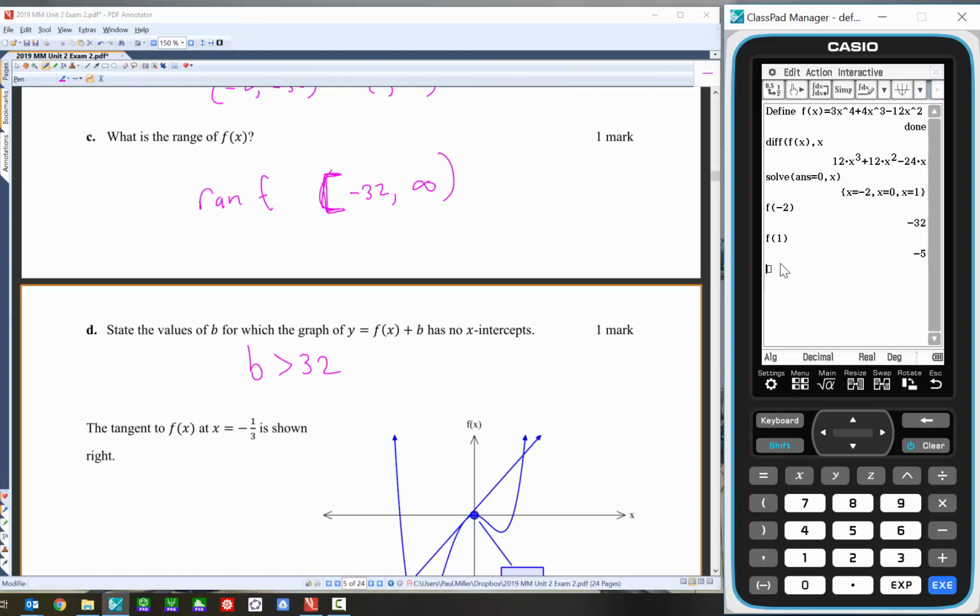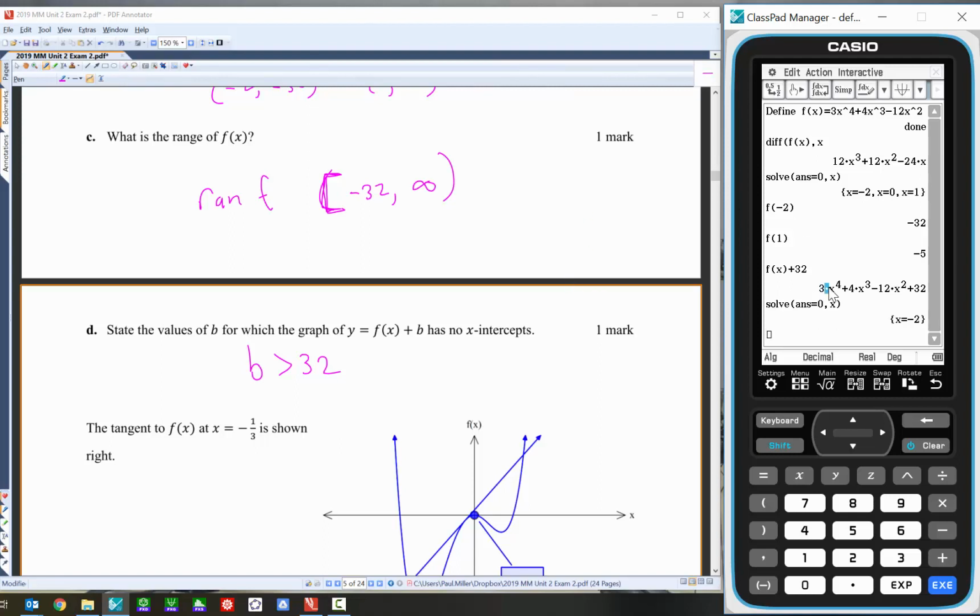So what I'm going to do is say f of x plus 32. Okay, right, so this should give us a new function, and I'm going to solve that when it's equal to 0, and I should get one solution only, and that is x is equal to -2. Now that should happen.